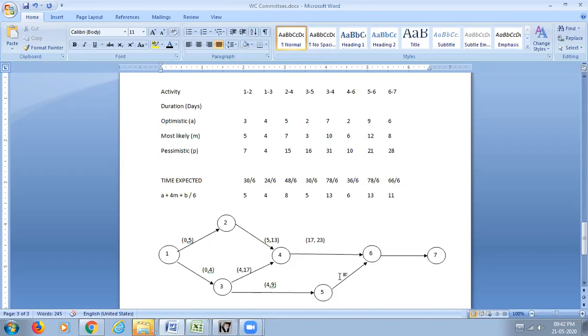Then 5 to 6, I can start after completing activity 3 to 5. Right? So 3 to 5 is completed at 9, which means I can start at 9. Then 5 to 6 completion time is 13. 9 plus 13 is 22. Then when you come to 6 to 7, it is a toss up between 4 to 6 and 5 to 6, and the higher timing should be considered.